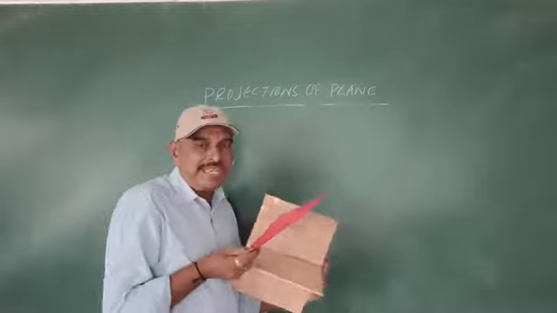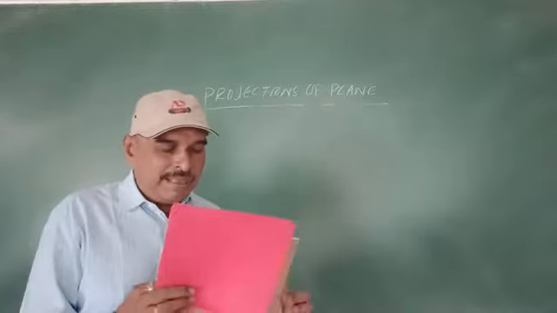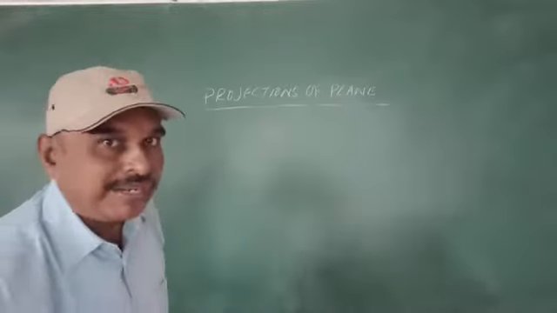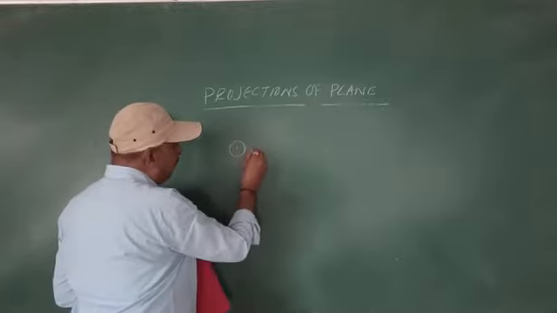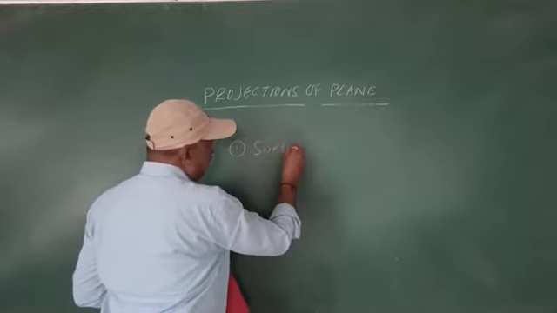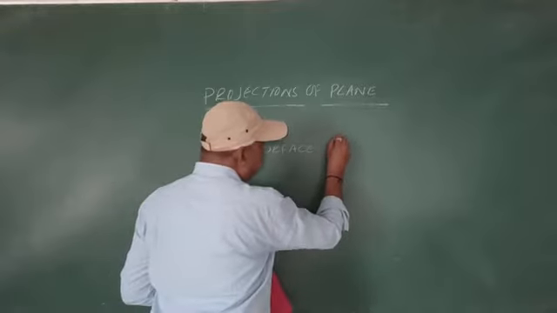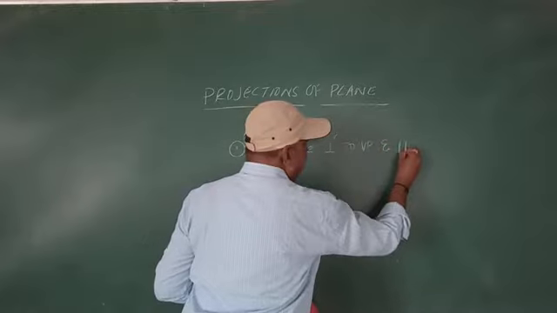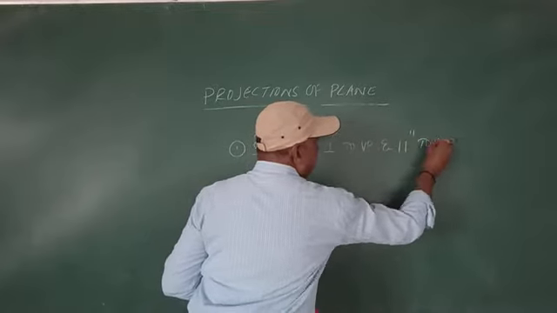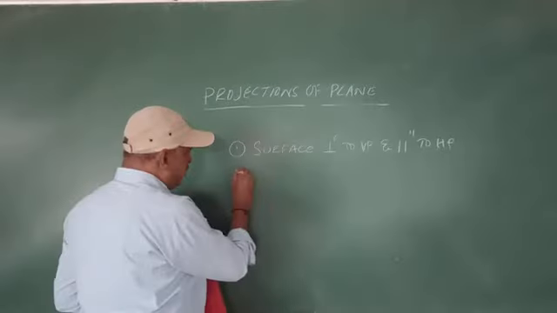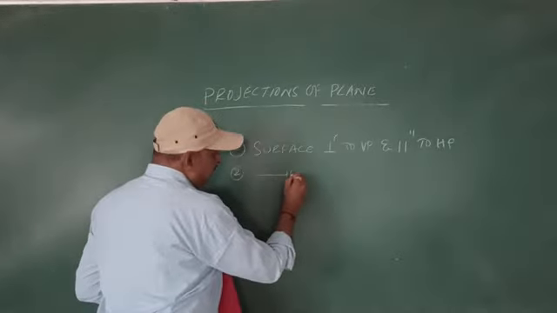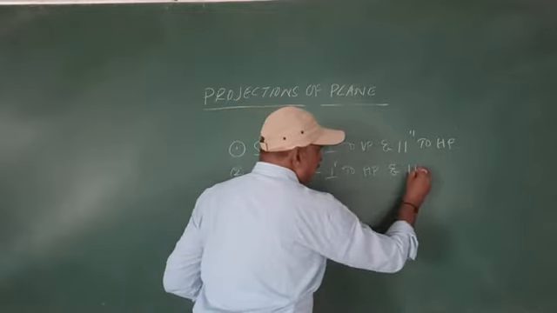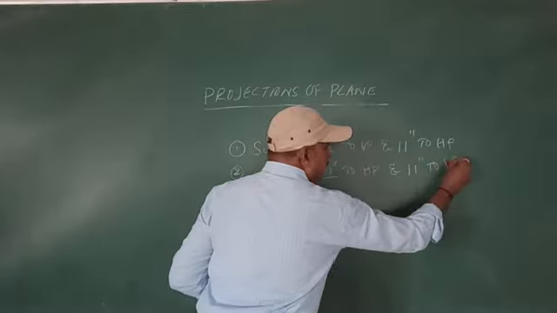Now we can list out the various positions in which the plane can be placed in the first quadrant. Number one: surface perpendicular to VP and parallel to HP. The second position: surface perpendicular to HP and parallel to VP.